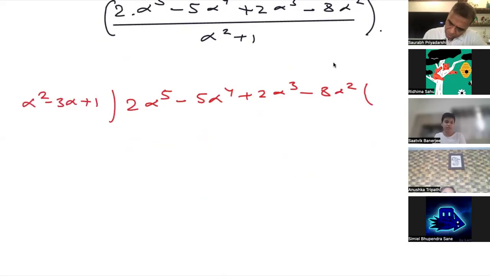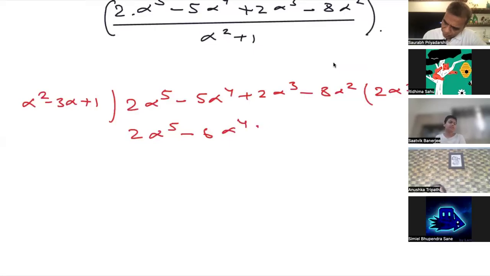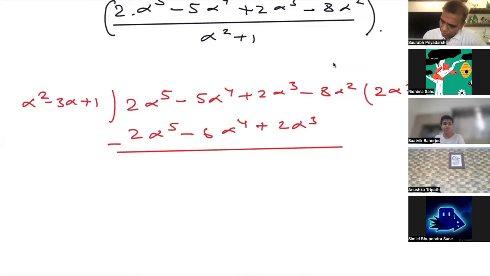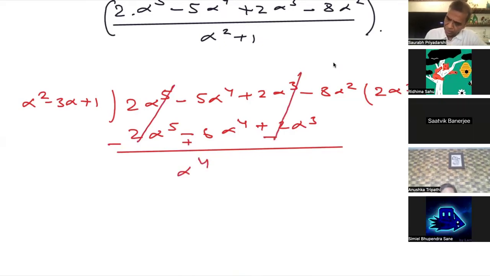So this is 2 alpha cube, so this will be 2 alpha to the power 5 minus 6 alpha to the power 4 plus 2 alpha cube. So what I'm getting? Minus plus minus, cancel out. Alpha to the power 4 cancels out. Minus 8 alpha square, right?